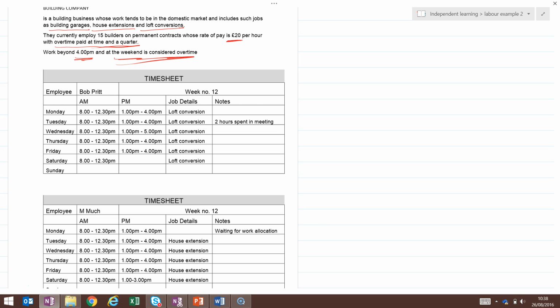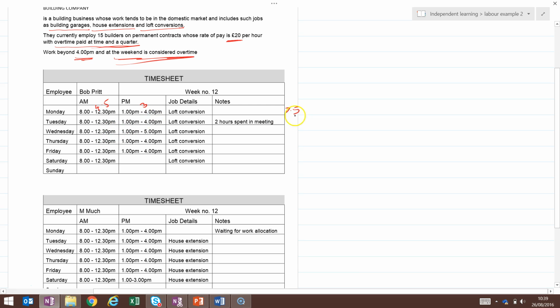So what were the total hours worked by each employee? So if we look at Bob, Monday 8 till 12:30, so that's 4.5 hours. He stopped for lunch, he started again at 1 and worked through to 4, so that's another 3 hours. So we've got 4.5 and we've got 3. So he did 7.5 hours.